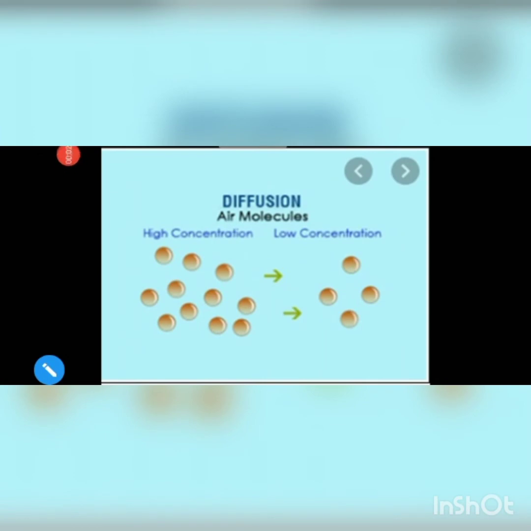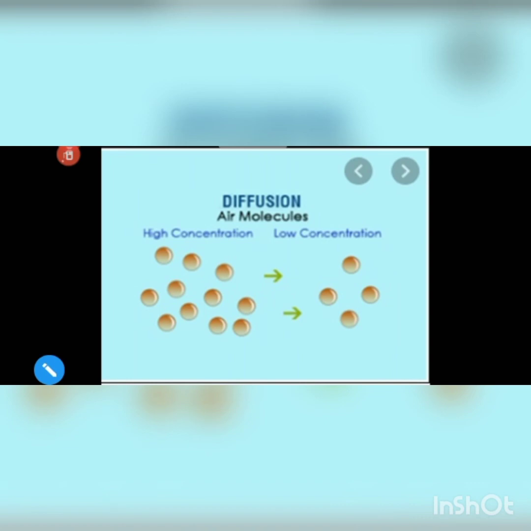So, what is diffusion? Diffusion is the movement of materials from a region of higher concentration to a region of lower concentration. And in cells, what happens during cellular respiration? During cellular respiration, carbon dioxide will be in high concentration inside the cell. So, carbon dioxide will move from inside the cell to the outside.